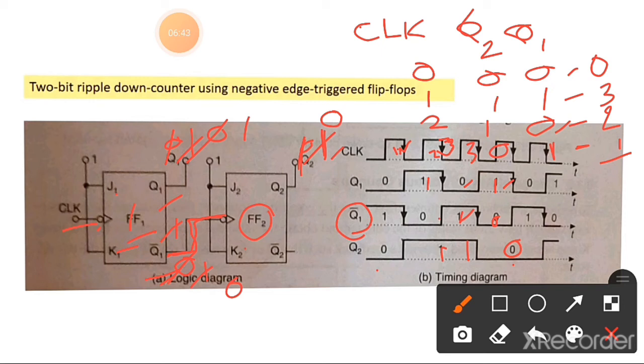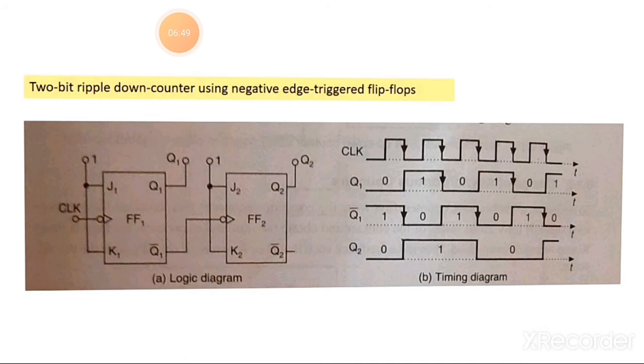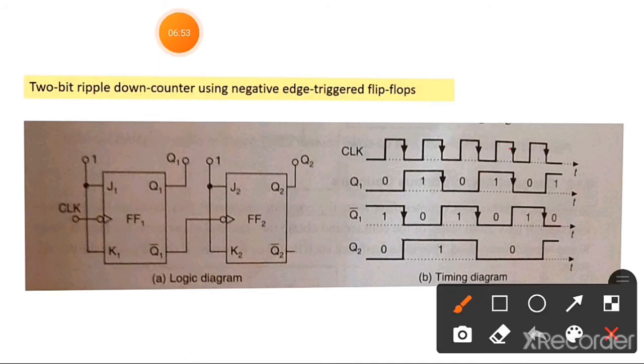Next, at the negative going edge of the fourth clock pulse, this is the fourth clock pulse, the negative edge of the fourth clock pulse.